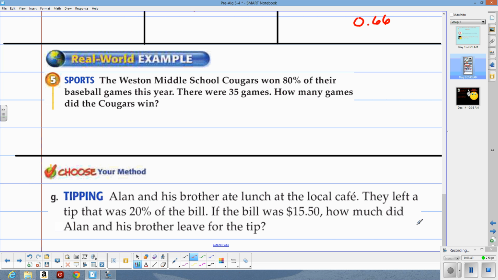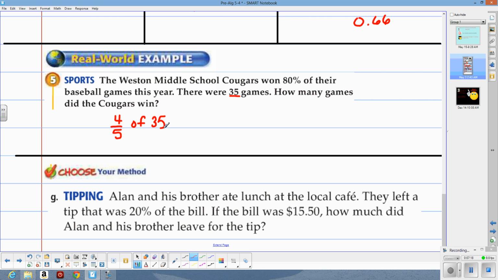The last example, the Weston Middle School Cougars won 80% of their baseball games this year. There were 35 games. How many games did the Cougars win? Well, 80% as a fraction is 4/5. So you could figure out 4/5 of 35 games. 4/5 of 35 is going to require 2 steps.